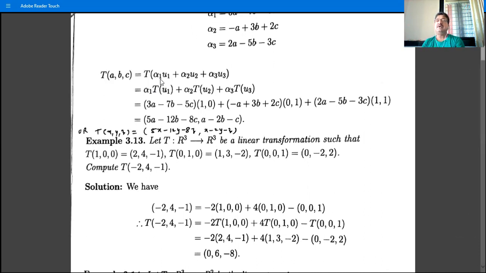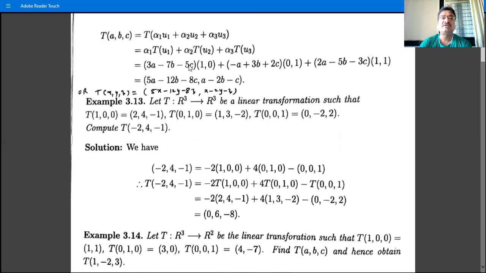T of (u plus v) is Tu plus Tv, and T of (k u) is equal to k Tu. So by using those two properties, we have T of alpha 1 u1 plus T of alpha 2 u2 plus T of alpha 3 u3 by using the first property, that T of (u plus v) is equal to Tu plus Tv. And then T of alpha 1 u1 is alpha 1 Tu1 by using the second property, that T(ku) is k Tu. So by using the combination of the first property and second property of linear transformation, we have alpha 1 Tu1 plus alpha 2 Tu2 plus alpha 3 Tu3.